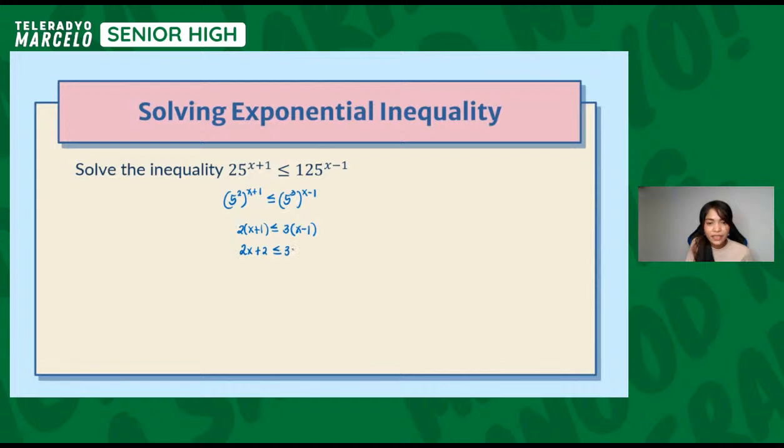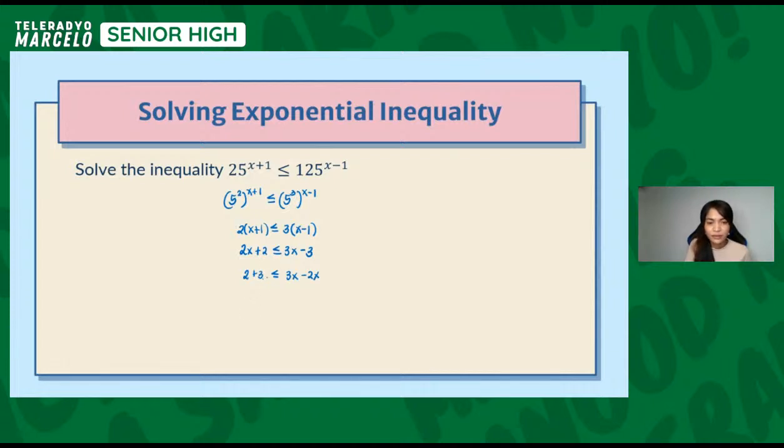So we will have 3x minus 3. So solving further, let's rewrite all terms having x variable on one side and yung terms without the variable x on the other side. So we will have 2 transpose negative 3, that will be positive 3, is less than or equal to 3x transpose 2x minus 2x.